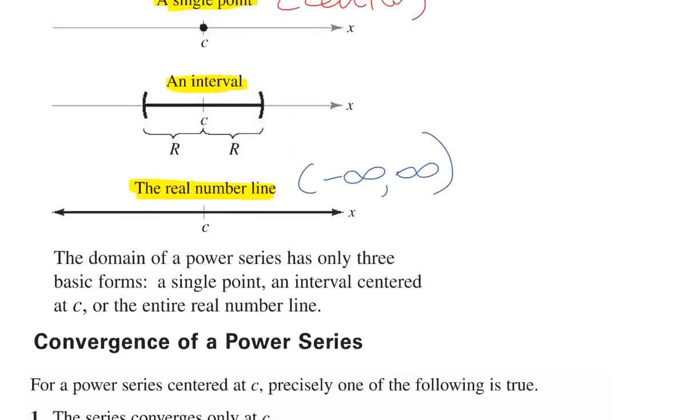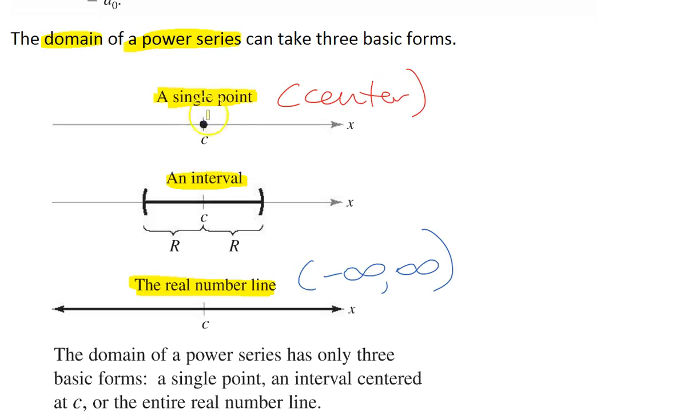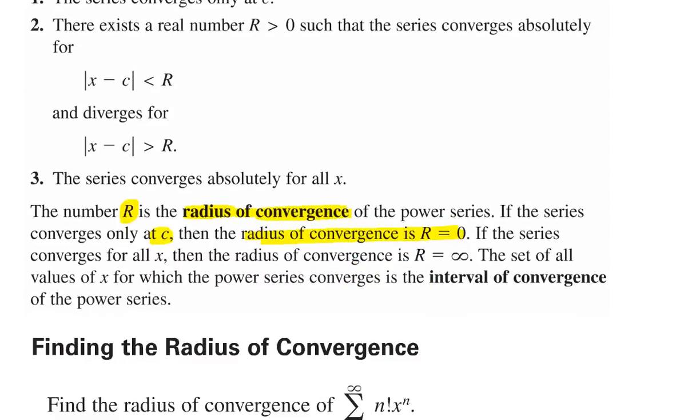Alright guys, so let's go back here. If the power series is convergent only at its center, what's the distance between the center and the center? Isn't the distance 0? So that's what I'm saying here. If the series converges only at its center, the radius of convergence is R equals 0.